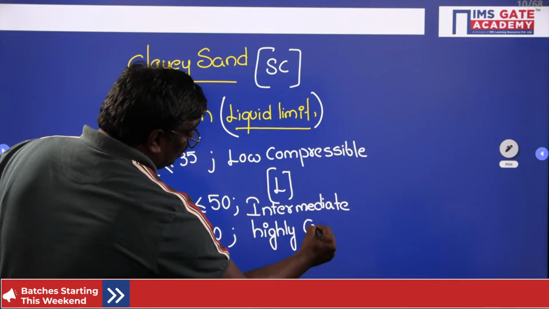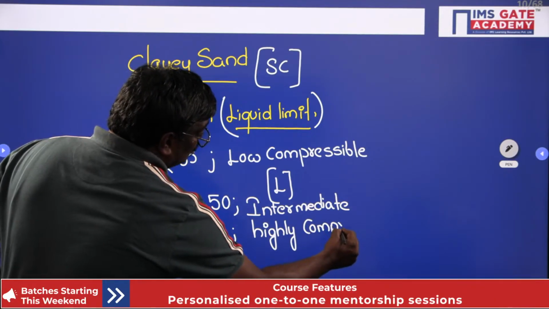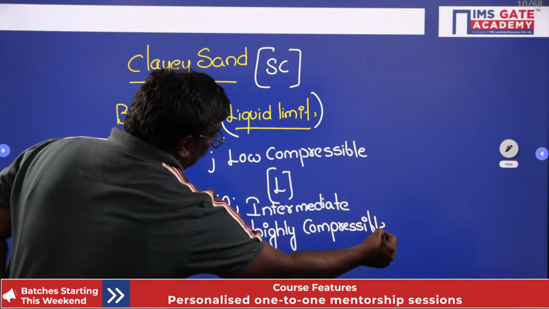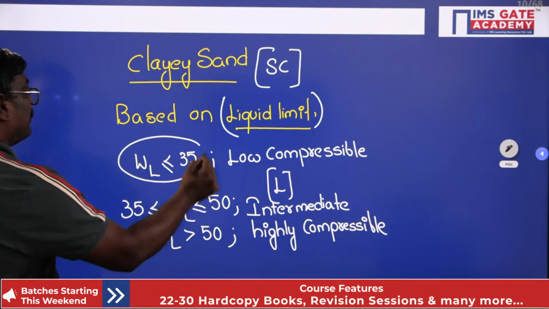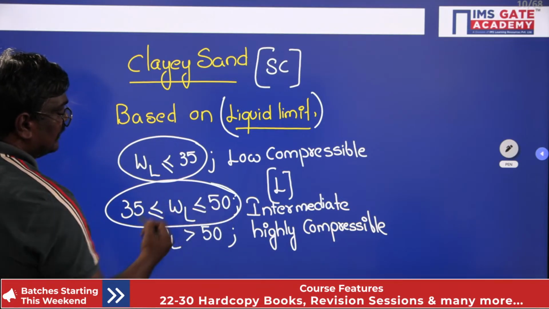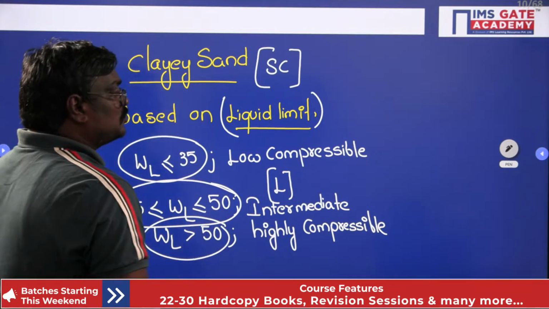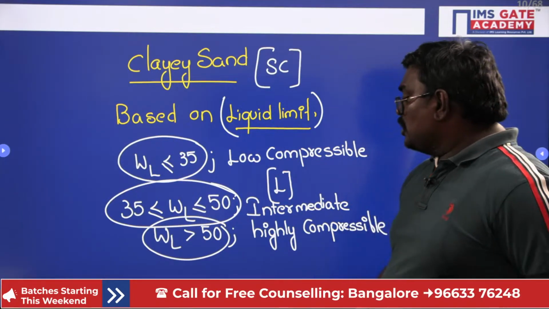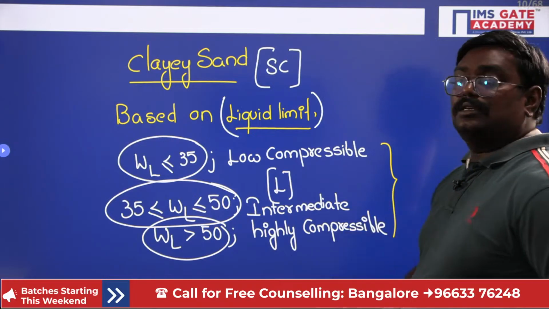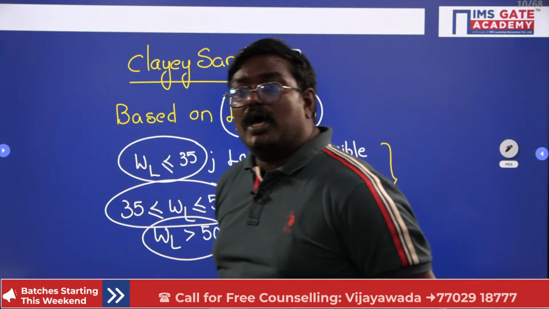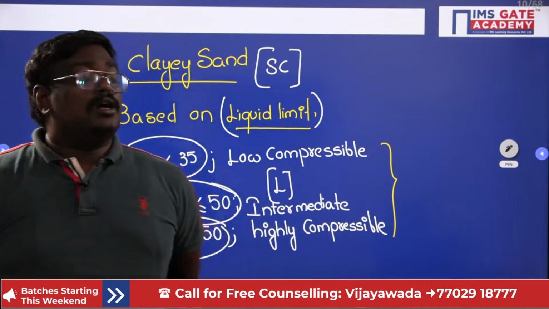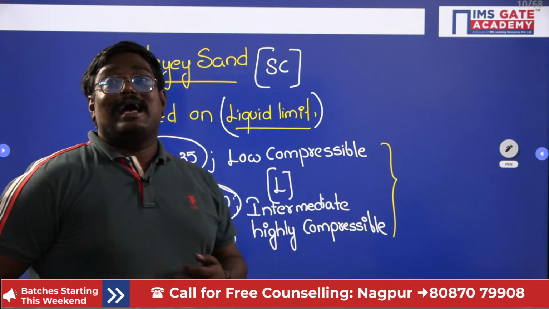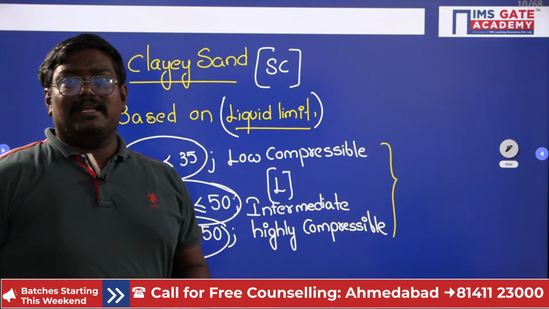So, my dear students, based on the liquid limit value, we can judge whether the soil is low compressible, intermediate compressible, or highly compressible. Am I clear, my dear students?